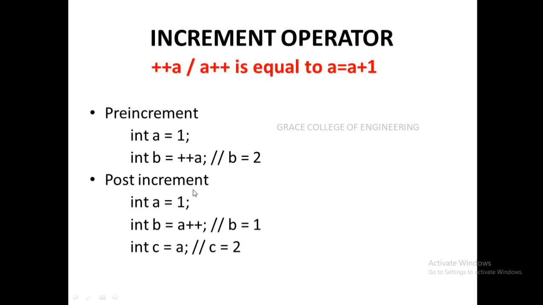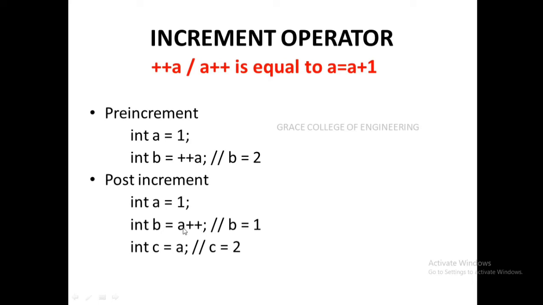In post-increment, let's see an example. First, a is assigned a value of 1. In the second line, just a plus plus is assigned to b. As we all know, in post-increment, first the assignment is done, then the increment is made. So the value of a, which is 1, will be assigned to b and then it is incremented.